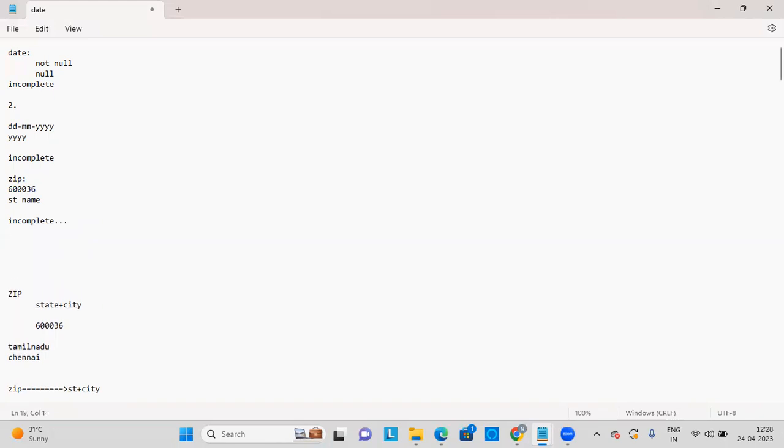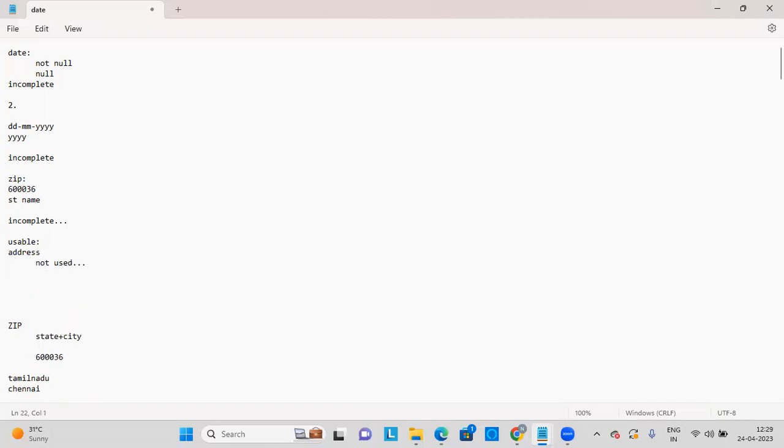Next is usable and unusable. In the sense, let us say we have data, but you are not using it, which means it's pointless, right? Whatever data that we have, see whether it has been used or not. For example, there is a column called address which is not used at all.